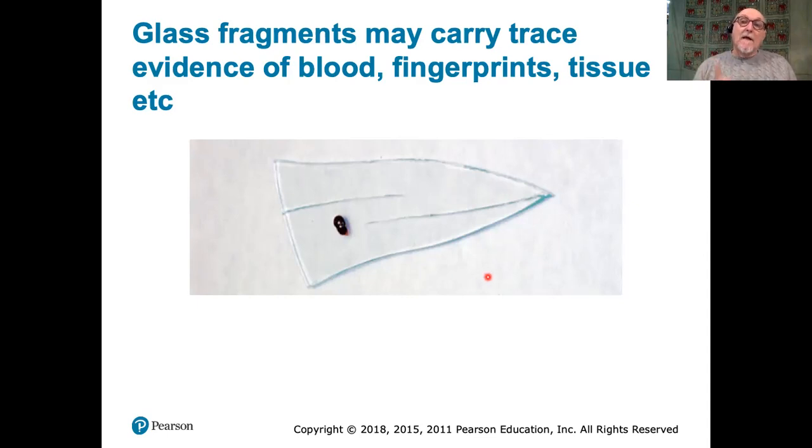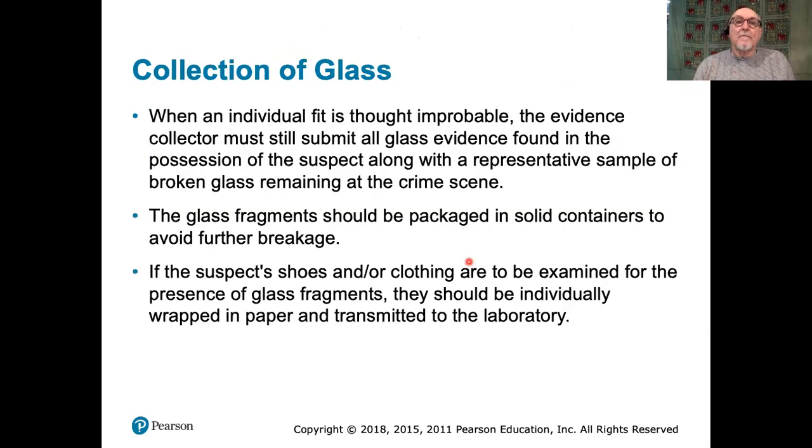In addition, glass fragments need to be very carefully examined because they often have fingerprints on them, and they may have blood and other tissue evidence as well. So glass fragments need to be very carefully examined at the scene of a crime or wherever they are recovered, for blood, fingerprints, tissue, all of those sorts of things.